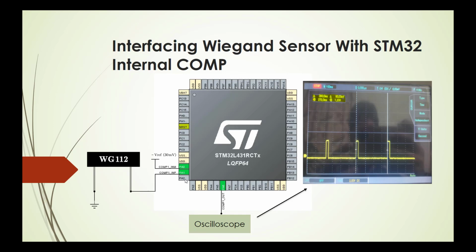I will make another video on the STM32 internal comparator as well, but for the time being I will explain it like that. Whenever you connect any terminal of the Wiegand sensor to the microcontroller internal input voltage, at the output you will see the Wiegand output voltage like this one.